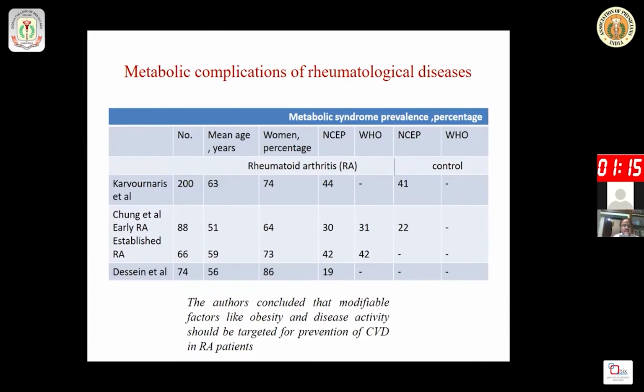Three important studies were done on rheumatoid arthritis patients. In the first one, total participants were 200 and women were predominant at 74%. But based on the NCEP criteria, 44% metabolic complications were seen in rheumatoid arthritis in comparison to control 41%.